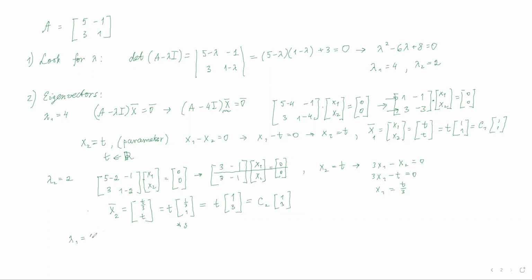Lambda 1 equals 4, and x1 equals c1 times (1, 1), and lambda 2 equals 2, and x2 equals c2 times (1, 3). Well, that's my final answer for this problem. Normally, for differential equations, we'll need to go a little bit further. We'll need to combine it into a general solution. But here, the question was only to find eigenvectors.